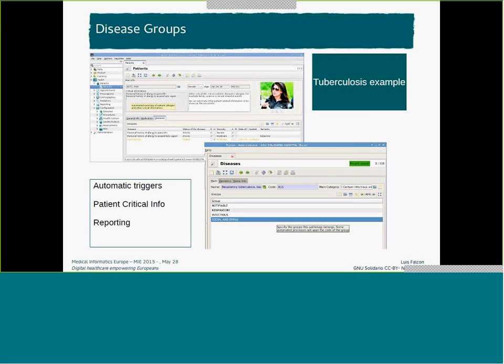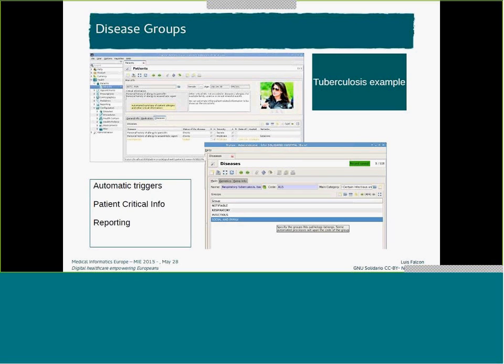Critical info, depending on what type they have, whether it's an active disease or an active infection, is automatically shown. Also for reporting, here you're able now to say different types of disease and reporting related to their grouping.